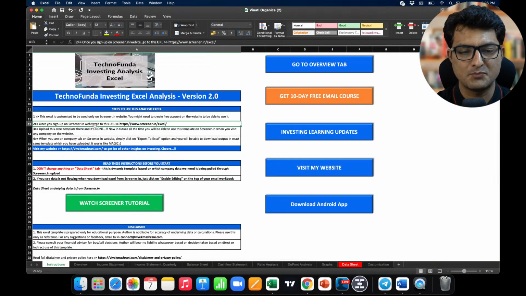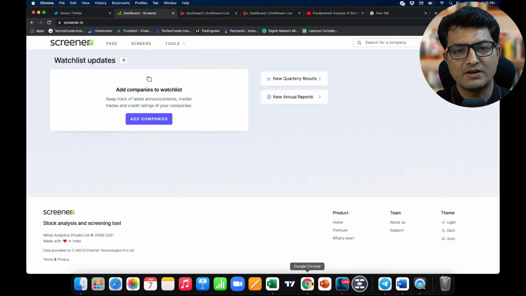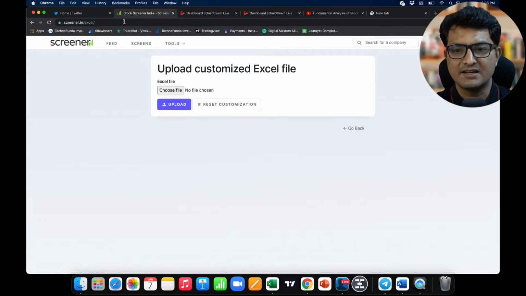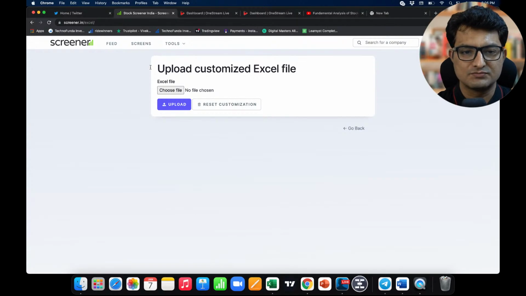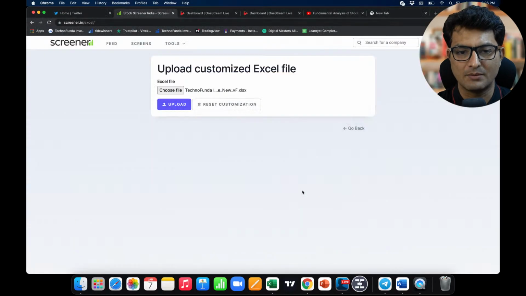So go to step 2 where it is written, go to this URL screener.in/excel. Here is where you need to go and paste the link, and then it will ask you to upload the template. So click on choose file wherever you have saved this template. For example, I have saved it in this particular folder. I'll click on this and it will upload, and then I need to click on the upload button.